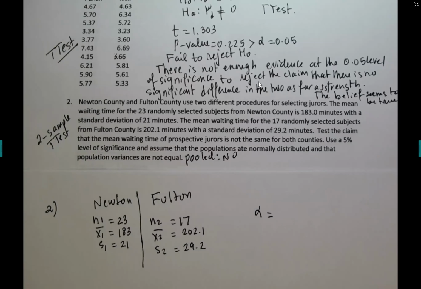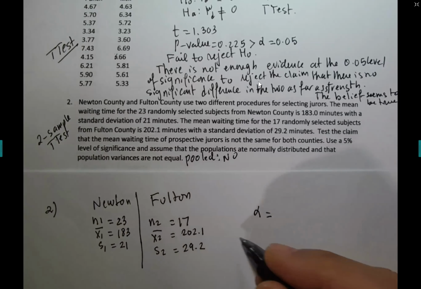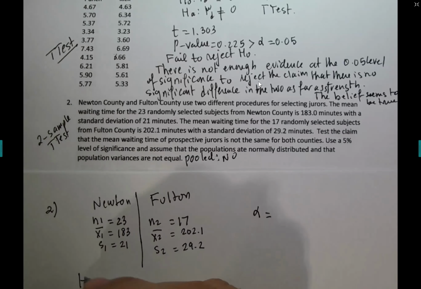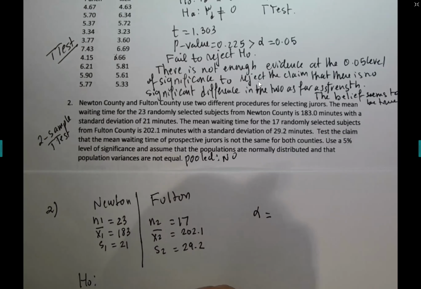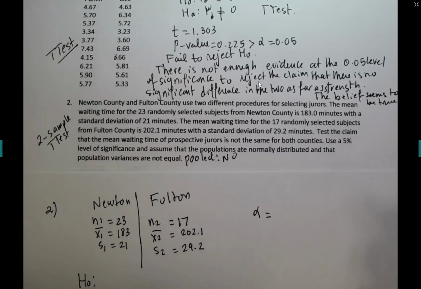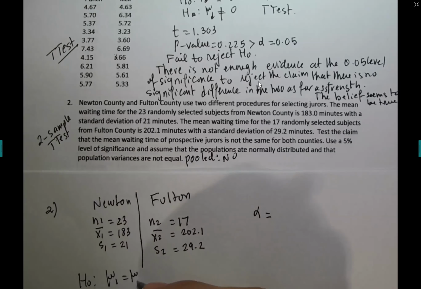Use a 5% level of significance. Assume that the populations are normally distributed and that the population variances are not equal. Okay. That should be easy, guys, for you to determine the null and the alternative. He says that's the claim that they are different. So mu1 equals mu2 and mu1 not equal to mu2.